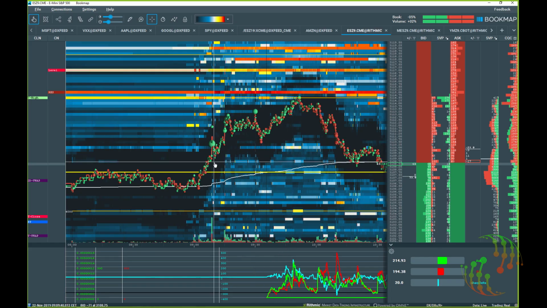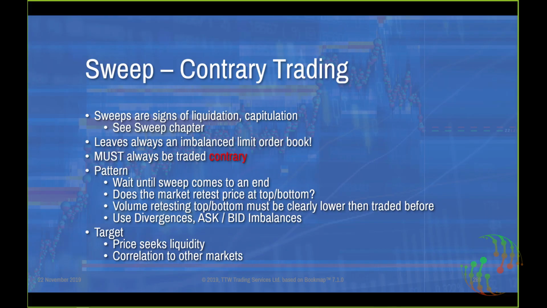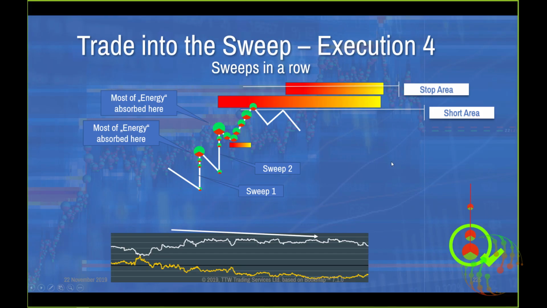Absolutely. When we're talking about sweeps, I know I showed you at least 4 variations of a sweep. The most common variations of a sweep you have in your presentation. Can you remember this sweep happens, then the next one, then the third one? Let me show you this one. Execution 4, trade into the sweep. Sweeps in a row.